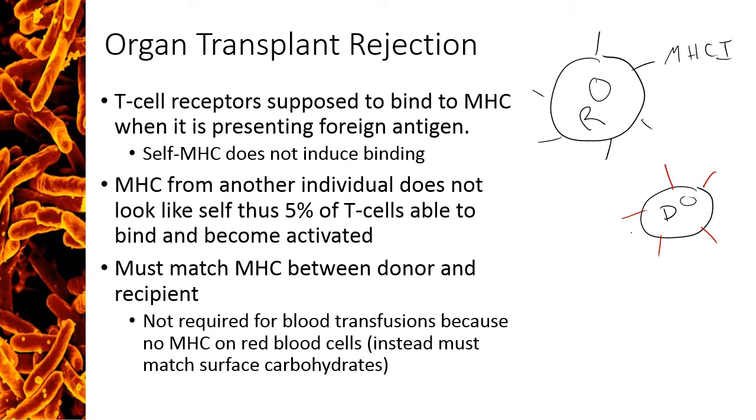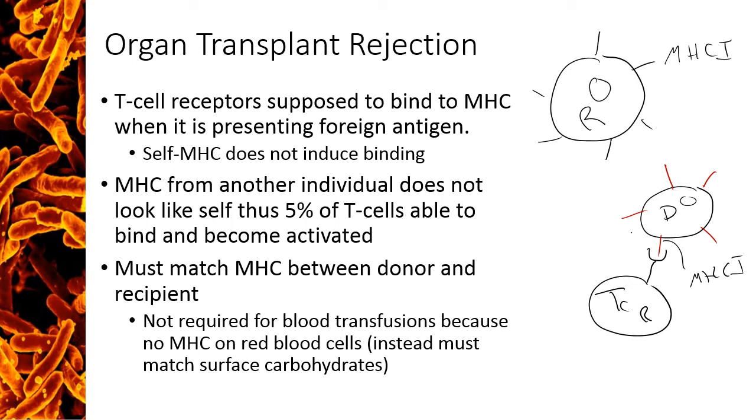And what can happen is that the cytotoxic T cells of the recipient might have a T cell receptor that actually recognizes and binds to that MHC1 molecule, even though it's not presenting foreign antigen. So it's not presenting anything foreign, there's nothing wrong inside that cell, but the MHC molecule itself looks different enough that to the cytotoxic T cell, it looks like it's presenting something foreign.